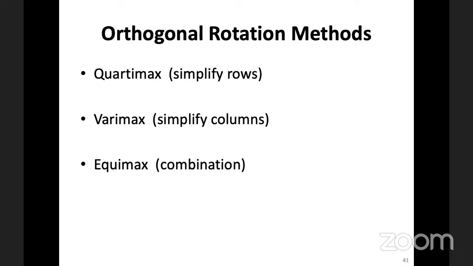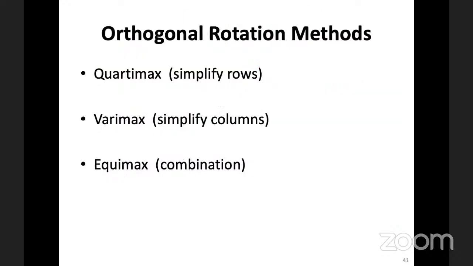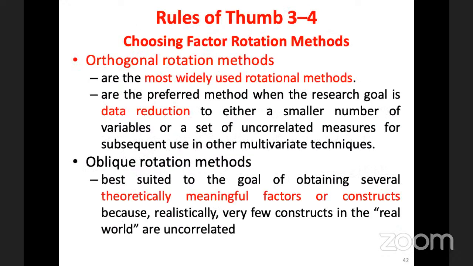But most of the time we use Varimax rotation, that means the rotation of the columns, to see whether after rotation any variable changes position from one factor to another factor or not.